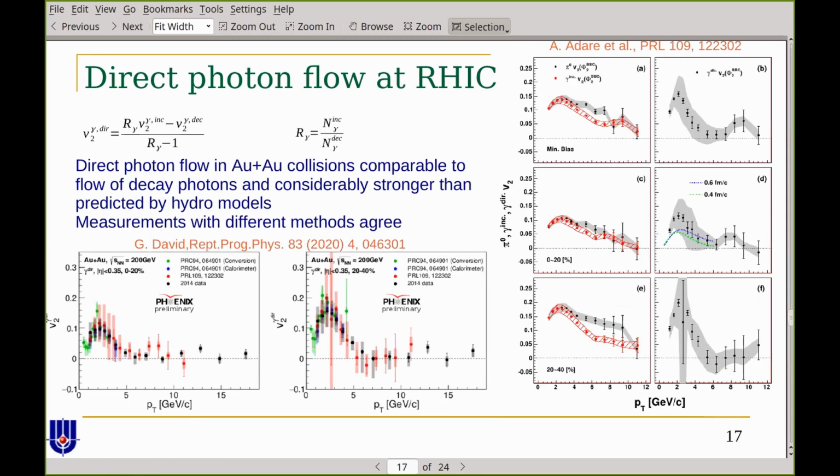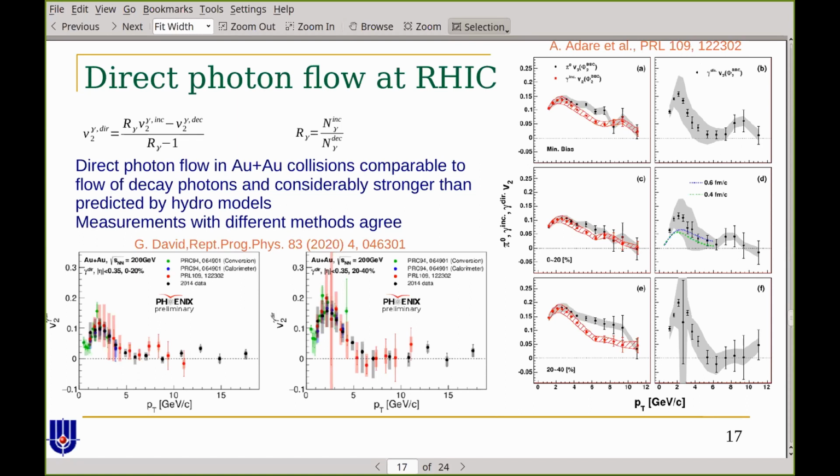Okay, but when this quantity was first measured, it was found that the direct photon flow is comparable to the flow of final hadrons. This is shown on the right plot, where the flow of final hadrons, or final pi zero, is shown with black points, red is the flow of decay photons which originate from these pi zeros, and on the right is the flow of direct photons, which have large uncertainties and are comparable to the flow of final hadrons.